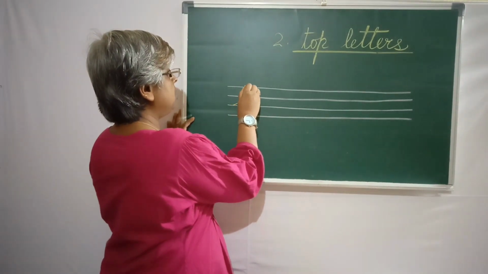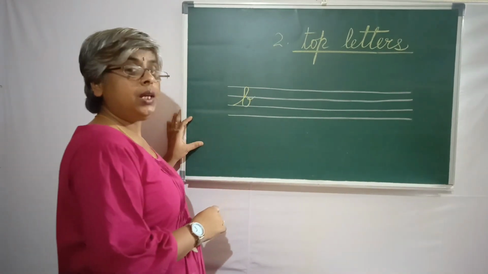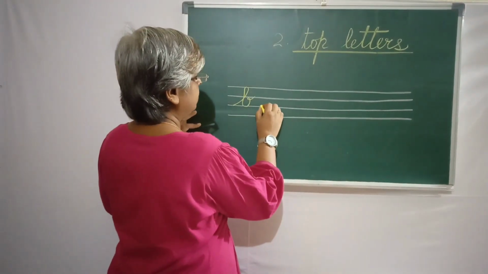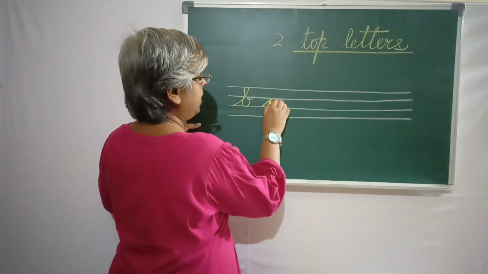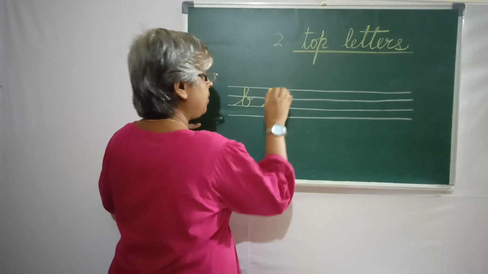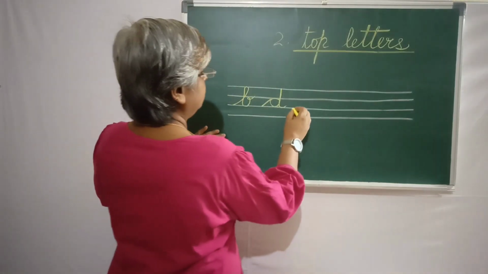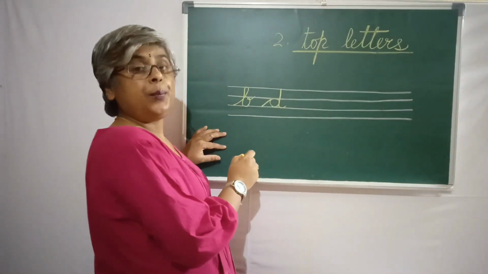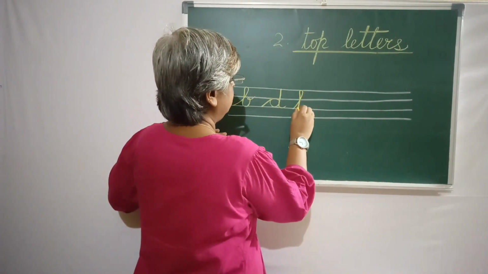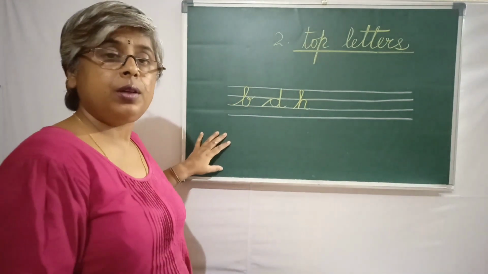Goes up, turn, come down, go up again, B. And then we have next D. Start from the third line, just like A, go up, touch the first line, come down, D. Then we have H. Again, start with the third line. H. Now we have K.